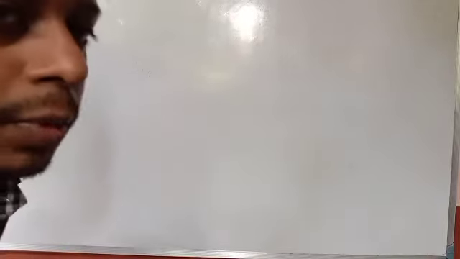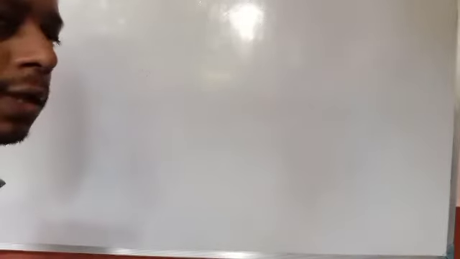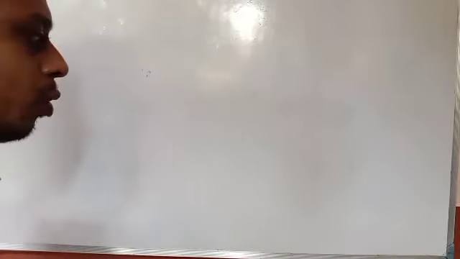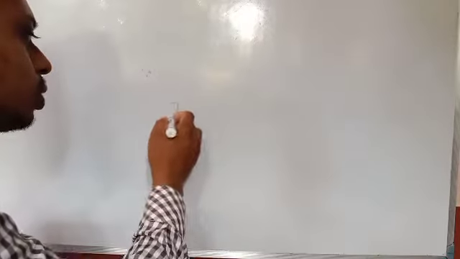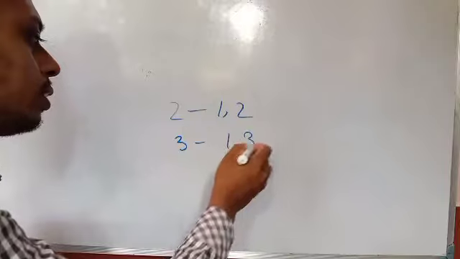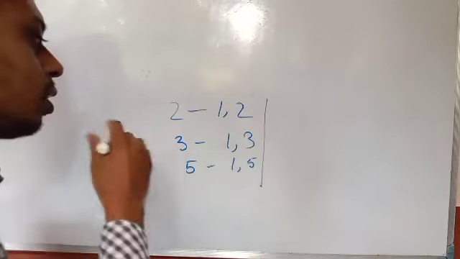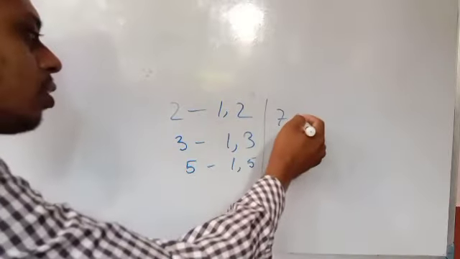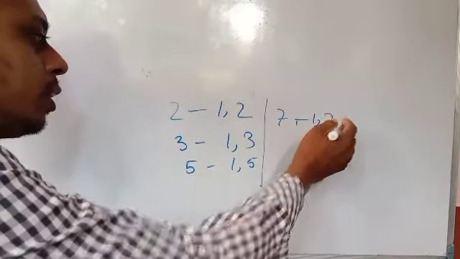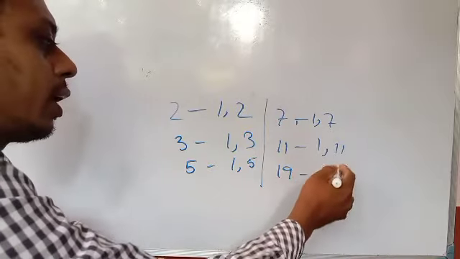Now you will learn about prime numbers and composite numbers. A prime number means a number which has only two factors. Suppose 2: 1 and 2. 3: 1 and 3. 5: 1 and 5. 7: 1 and 7. 11: 1 and 11. 19: 1 and 19.